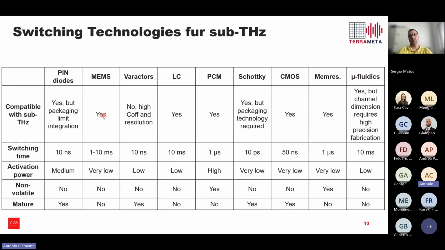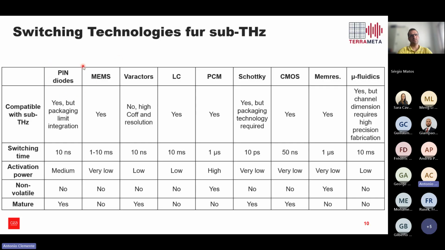So in the TERRAMETA project, especially in the work package led by Sergio Matos, we study different technologies to develop switches that can be integrated on the metasurfaces.